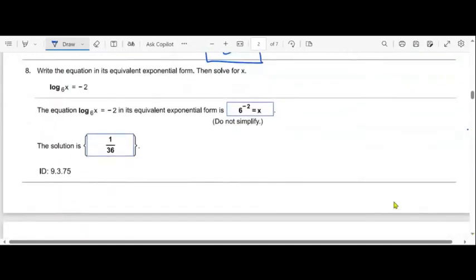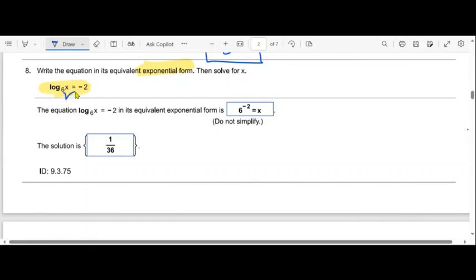Next one, number 8. Write the equation in its equivalent exponential form, then solve for x. So I'm going to convert this to exponential form. Is that clear? So that's how you do it.